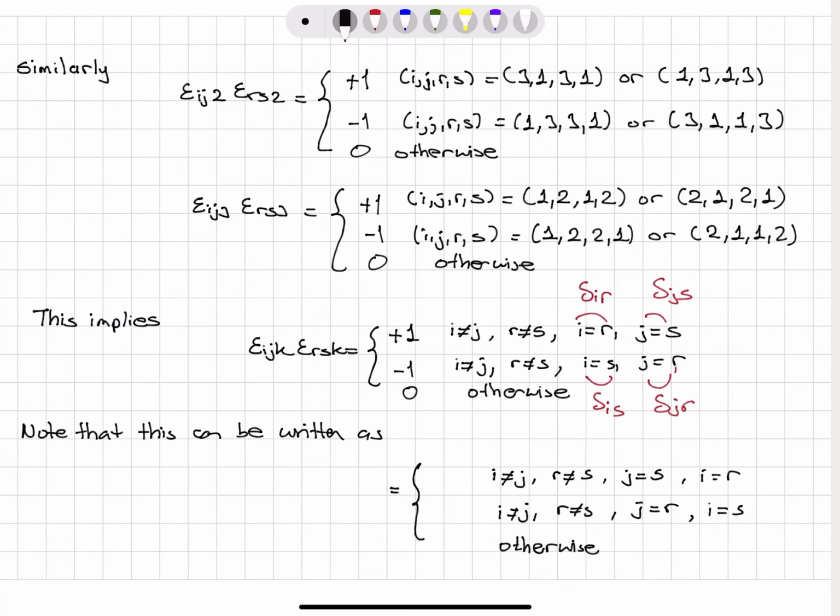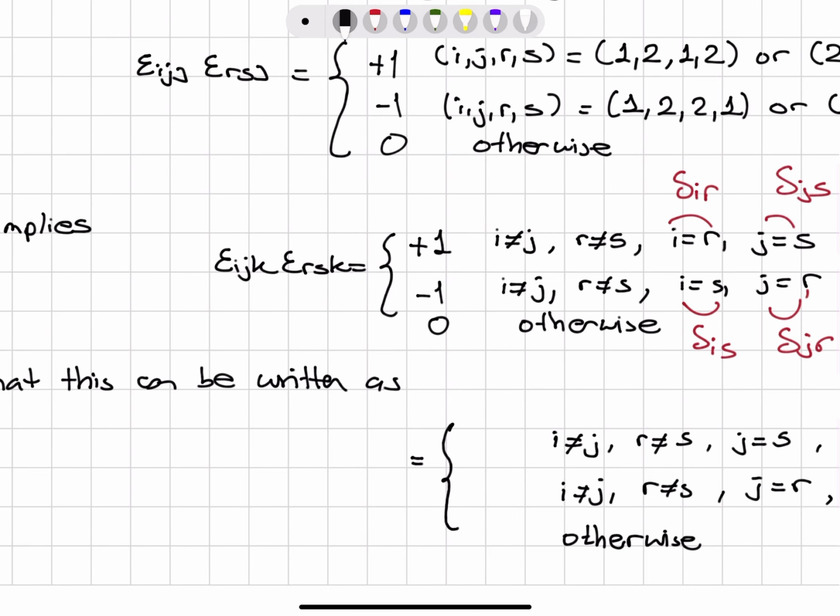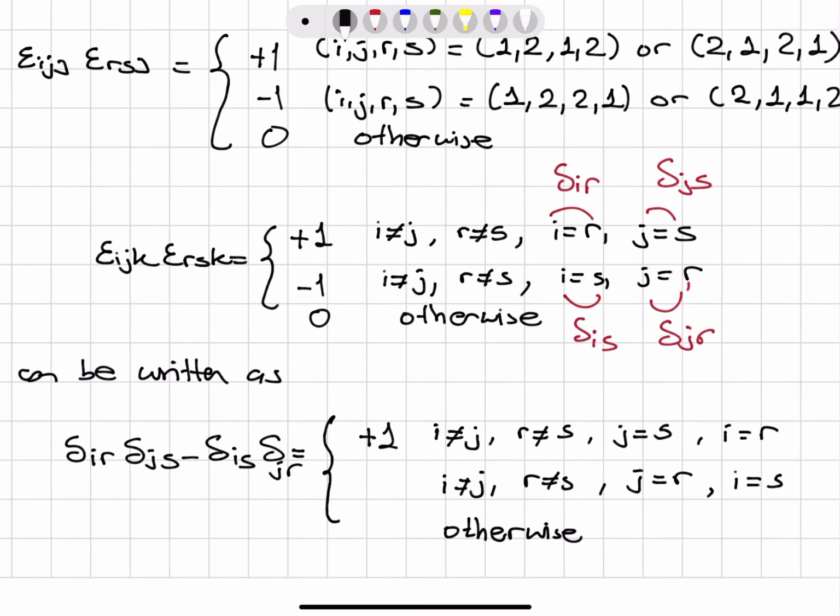Okay, so this result can be written as the plus 1 happens when I have the product of Kronecker delta ir, Kronecker delta js, and minus 1 for Kronecker delta is, Kronecker delta jr. So this is going to be equal to plus 1 if i is not equal to j, r is not equal to s, j is equal to s, and i is equal to r.